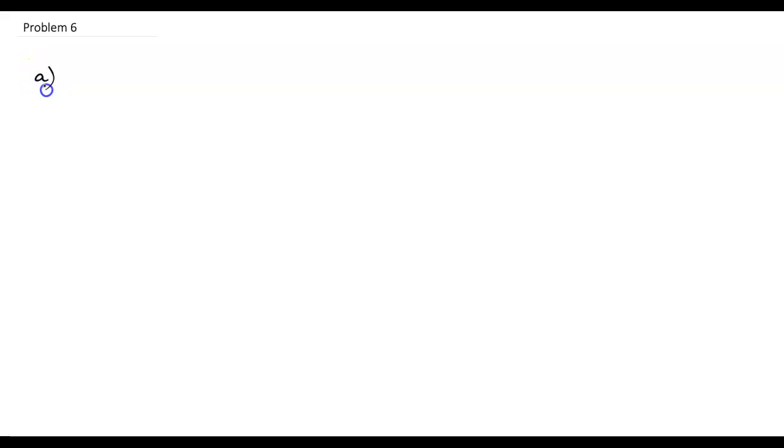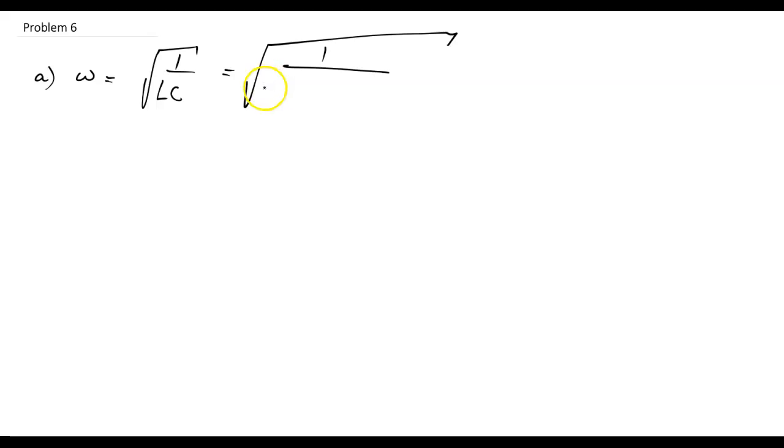For this problem, we use the fact that the natural angular frequency is given by the square root of 1 over the inductance times the capacitance, which is equal to the square root of 1 over 10 millihenries times a capacitance of 25 microfarads.